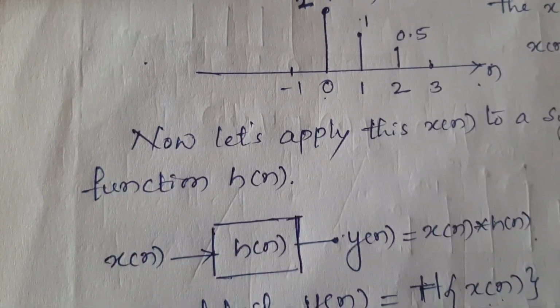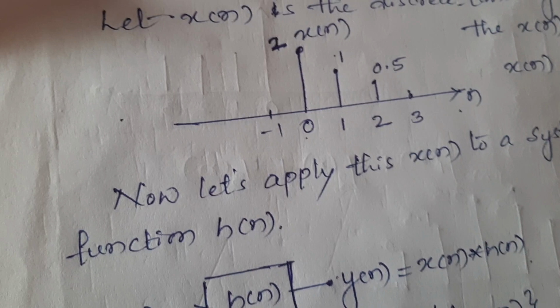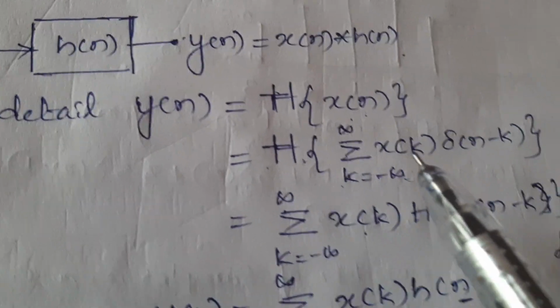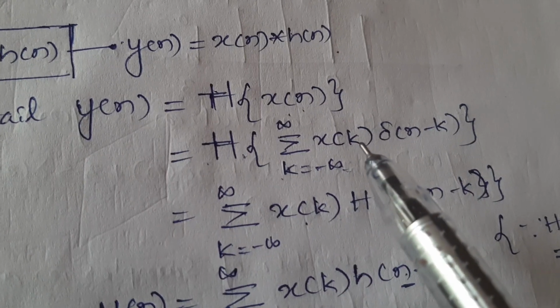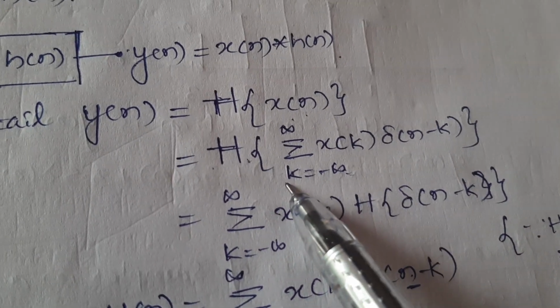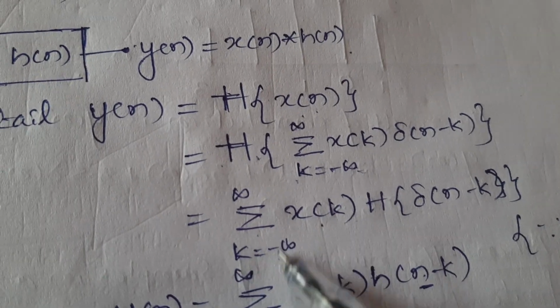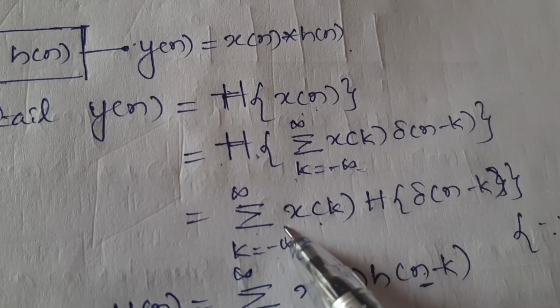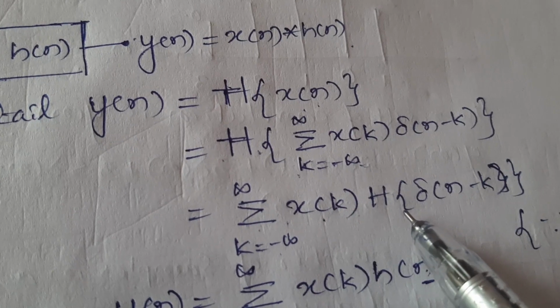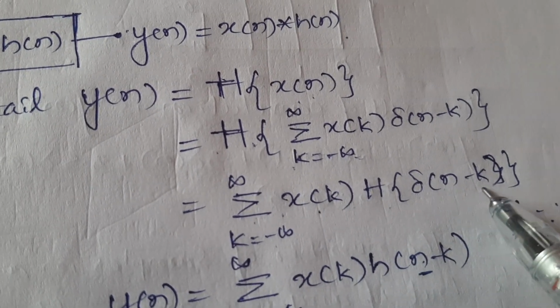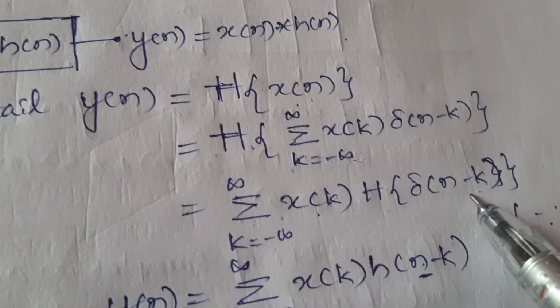So if the transfer function is operated on this signal, let's take the summation outside. So summation k from minus infinity to plus infinity, x of k, h of the transfer function operating over del of n minus k, the impulse.